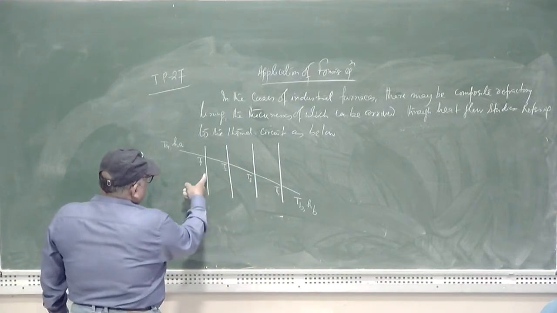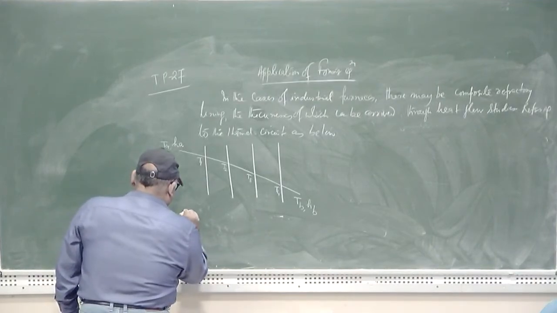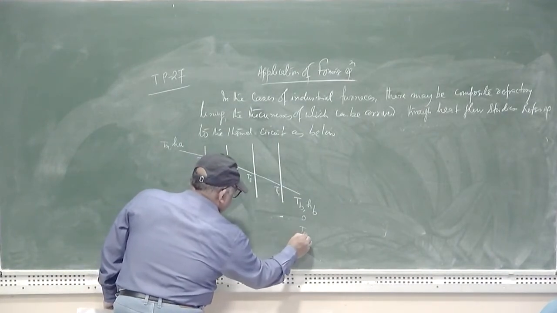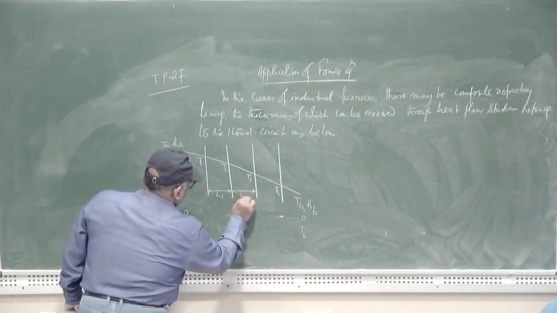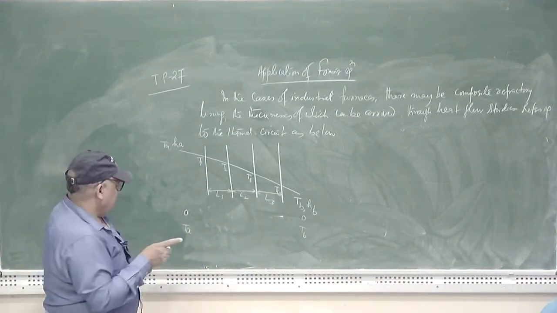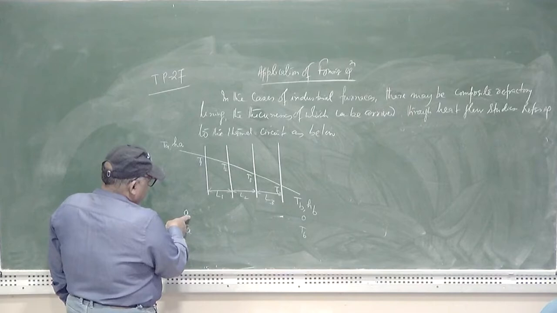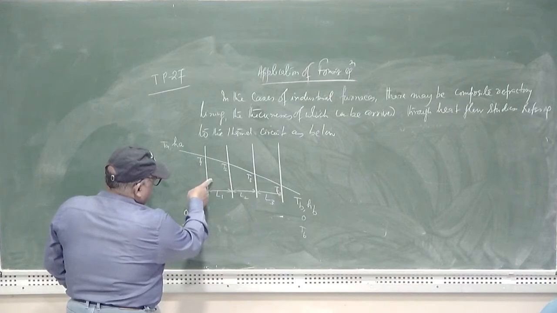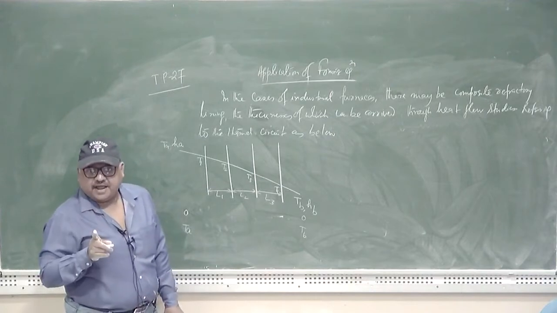So if an analogous electric circuit for the present case may be assumed, then you can write here that these are the 2 points at the temperature Ta and temperature Tb, and if these are the lengths of the refractory linings L1, L2, L3 with their respective thermal conductivity as K1, K2, K3, then the heat flow through this furnace will have to pass through this length L1, L2, L3, that is the 3 refractory linings.